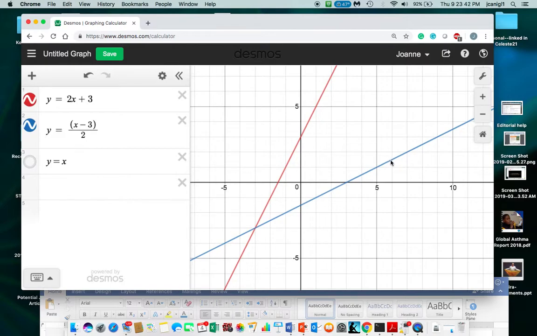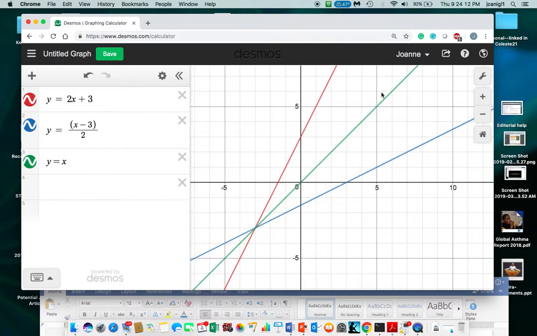Now, one way that you might notice is that these two lines, if I would graph y is equal to x, now in green, I would have a line that is the reflector of the other two lines.